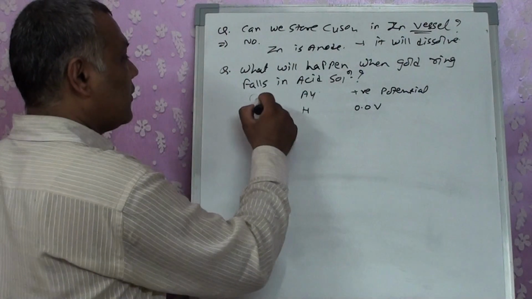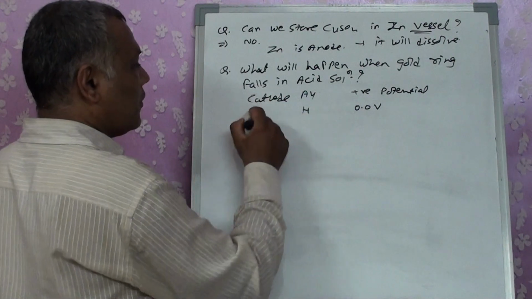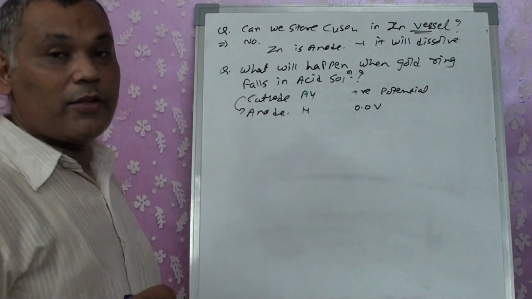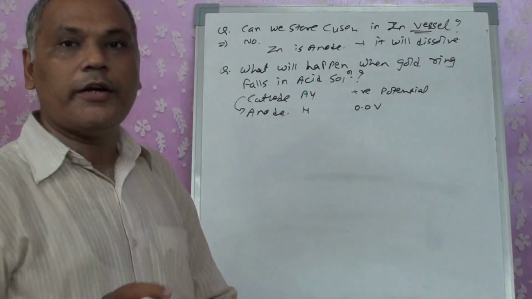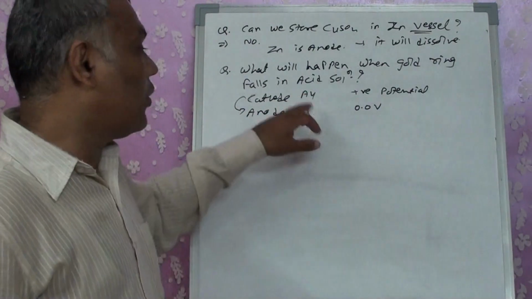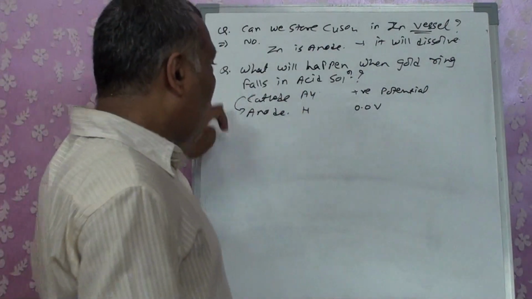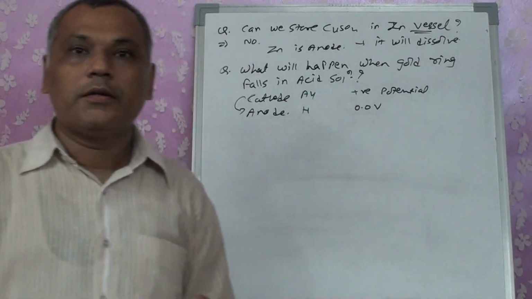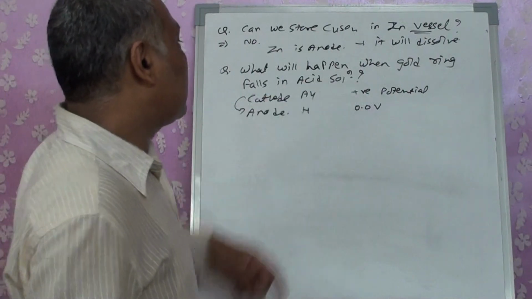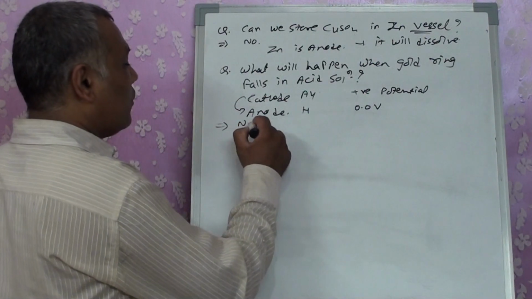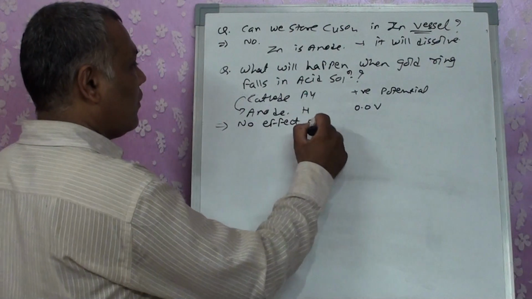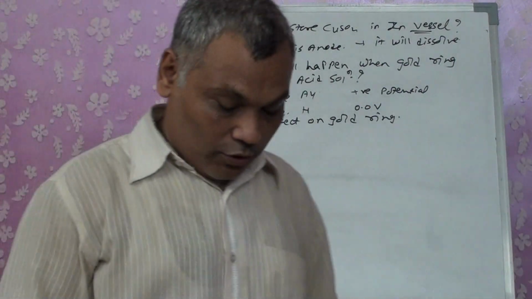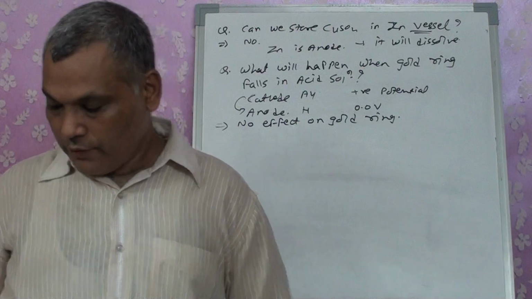Au is going to act as cathode, and H is anode. If cathode drops into the anode, cathode has to deposit, but this is already solid. The gold is not going to have any problem at all. So if the gold ring falls into the acid, there is no effect on the gold ring, right? So nothing happens. Our answer will be no effect on gold ring.